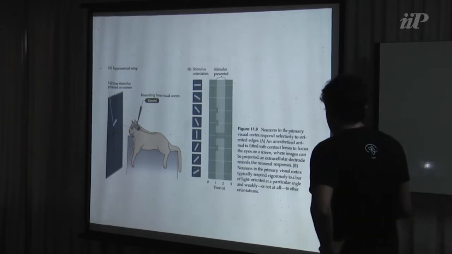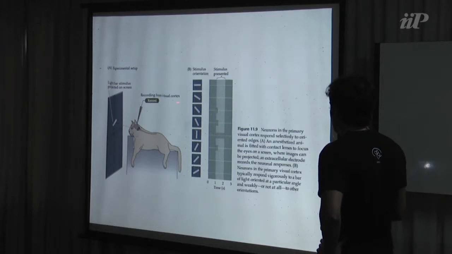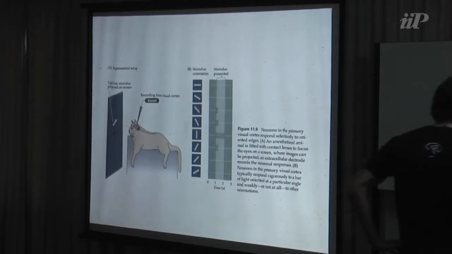This is Hubel and Wiesel, the classical papers, the Nobel Prize. This holds for several species, including monkeys. In V1, we have neurons that respond depending on the orientation of the bar being presented in their receptive field. Here the bar is rotating, and here is the response. This particular neuron spikes when the bar is vertical.